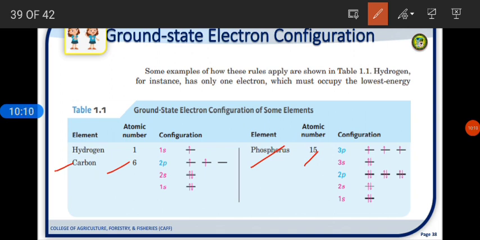However, I think there is a mistake in carbon. There is a mistake in plotting the electrons here because there is an empty orbital and it should not be empty.